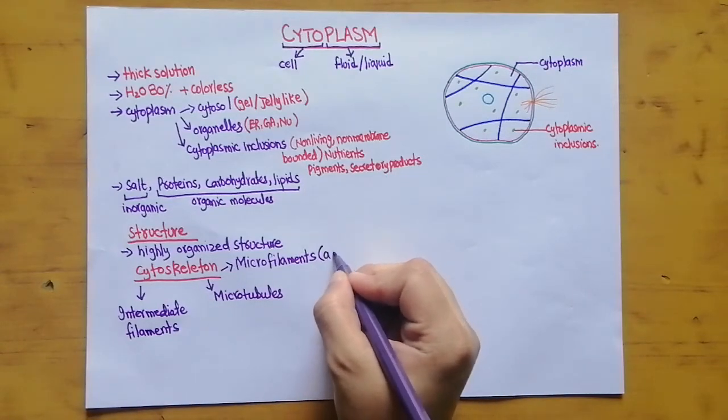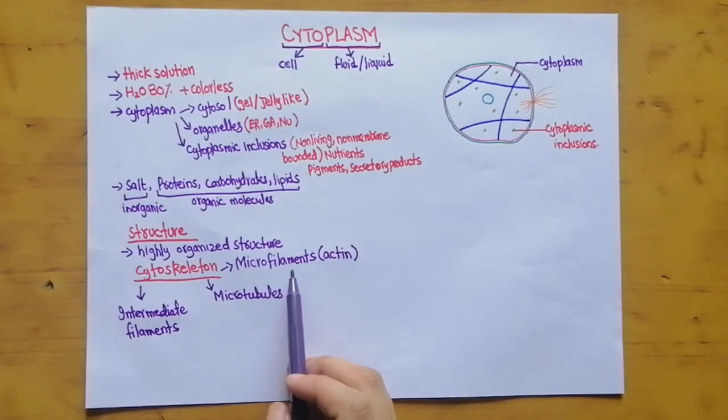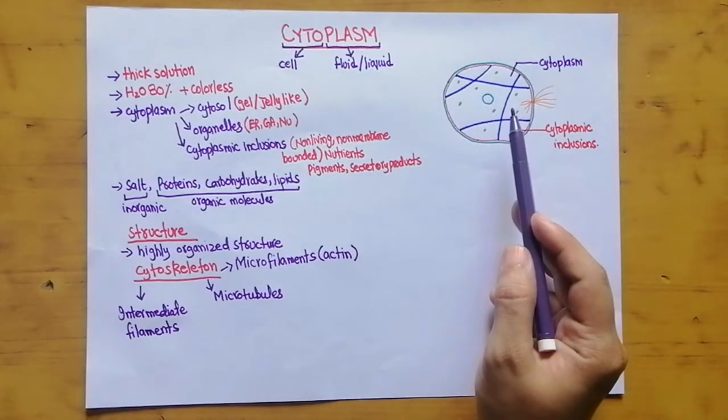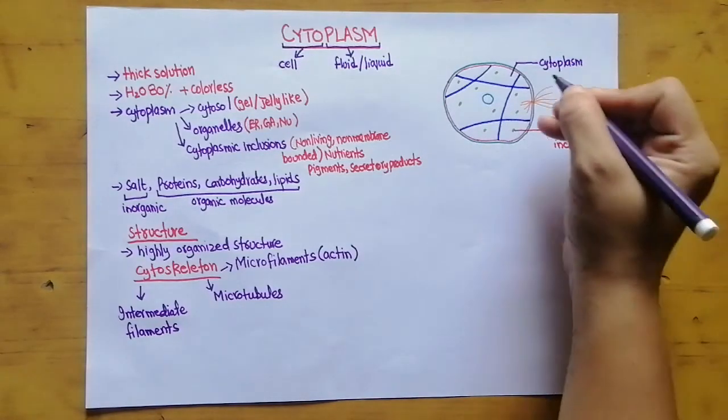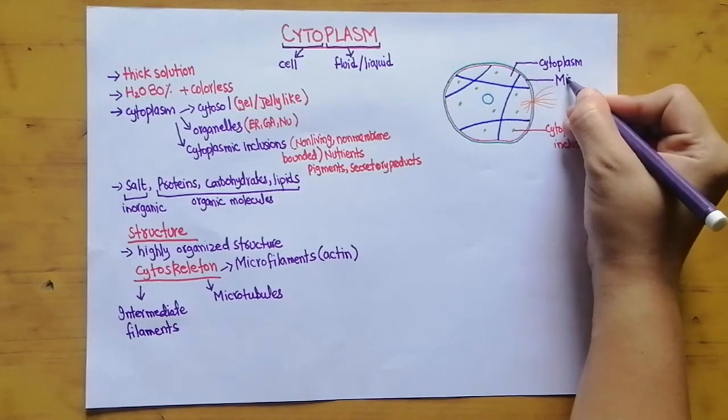Microfilaments are actually made up of actin proteins, and they are very helpful for the cell if the cell wants to change its shape. So here, this part is microfilament.